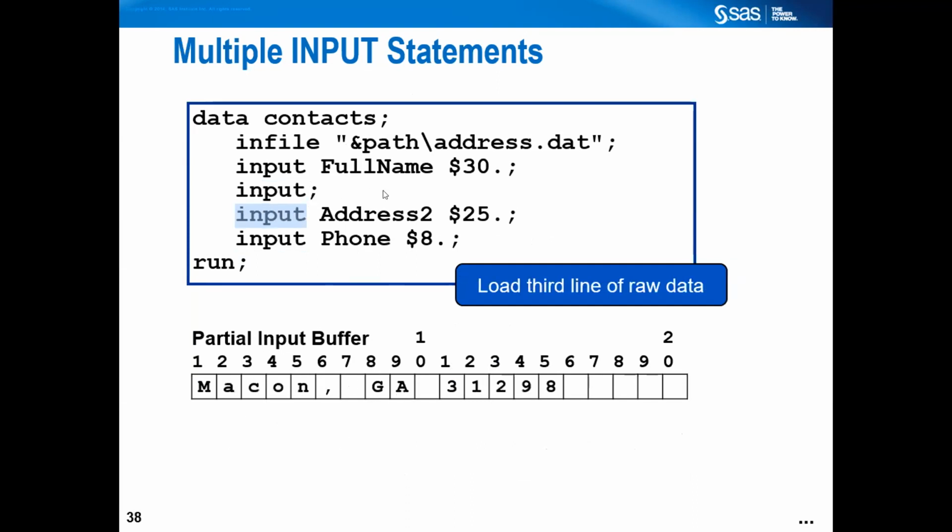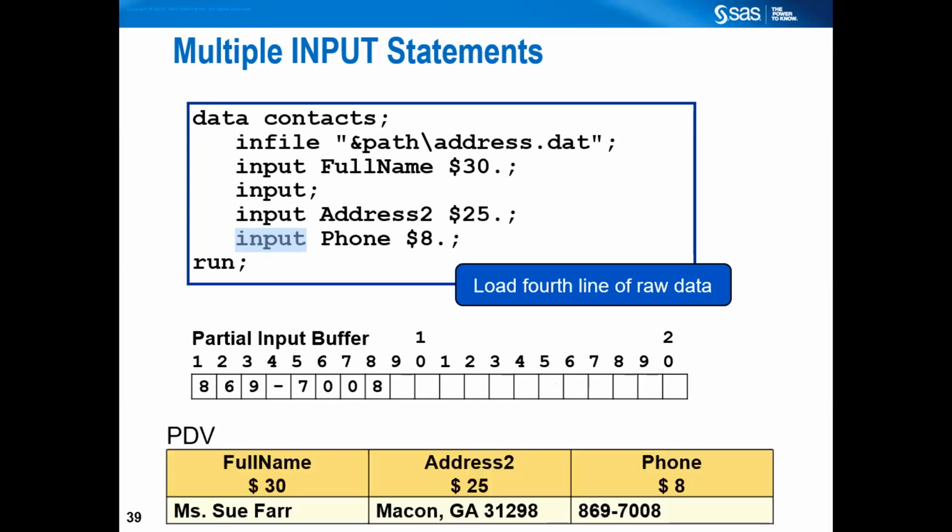Accordingly, when it hits your third input, it will read the third raw data record into the input buffer. Because there are instructions provided, your PDB will process it. Same goes with your fourth input.